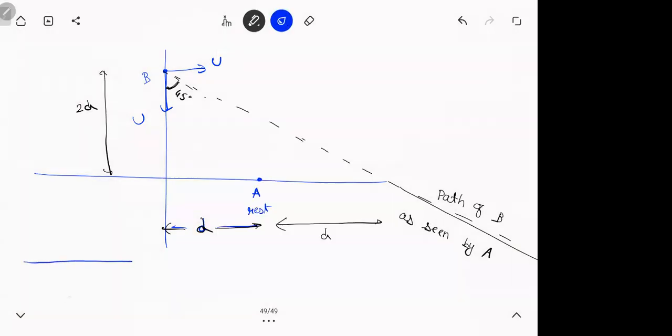For a straight line from a point, what is the shortest distance? Perpendicular. Getting it? Compared to all this, the perpendicular line is the shortest distance between a point and a straight line.